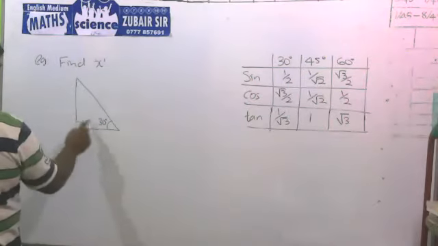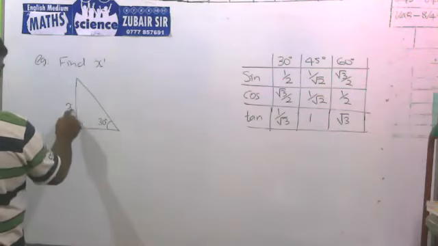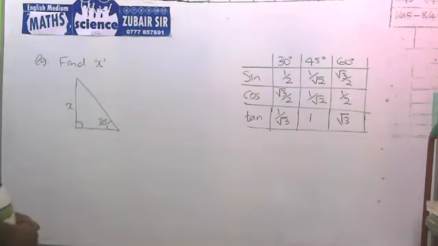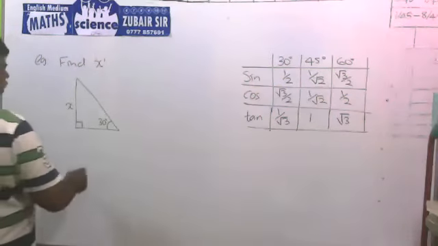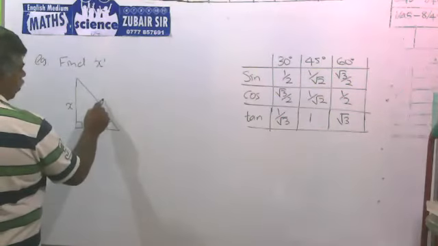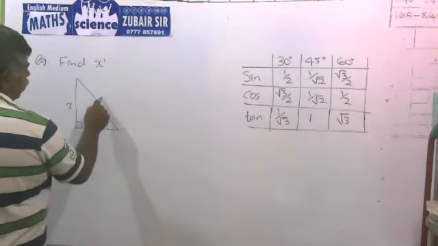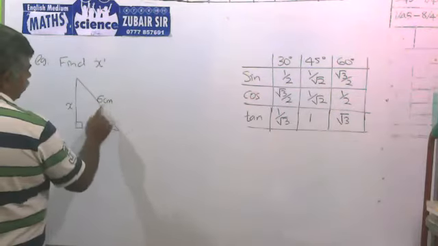Then this opposite side is x. Adjacent is, you say, 6 centimeter.